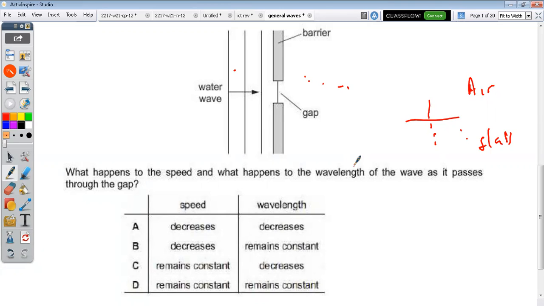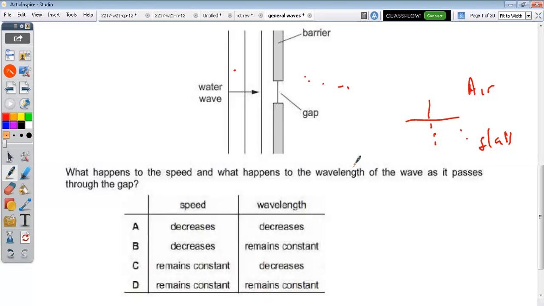In this case, we are not having that change in density. Speed changes when you move from one density to another, so here the speed remains the same. Are we together?